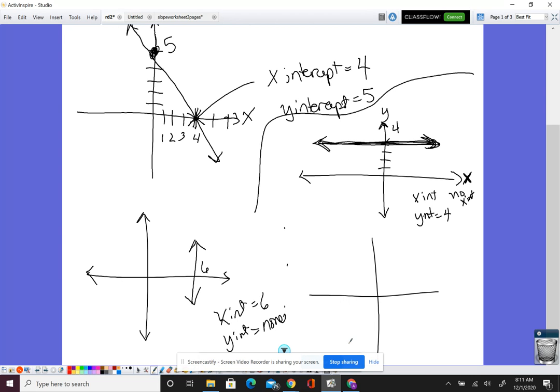And then what about a line that looks like this? Remember, you're going x-intercept first, and that's at 1, a positive 1.